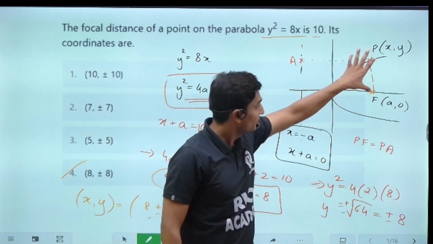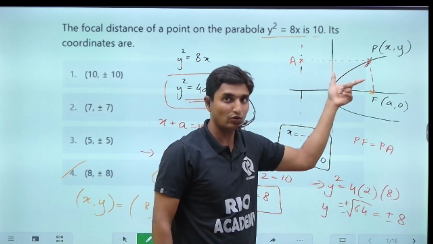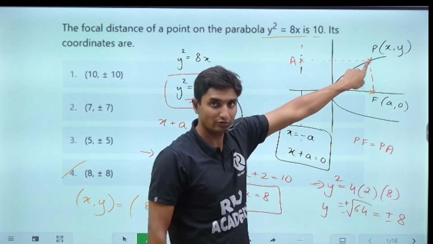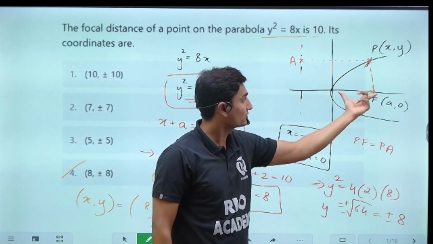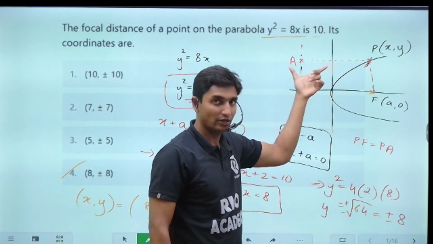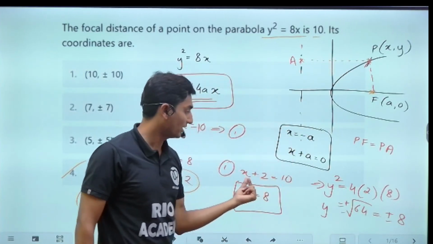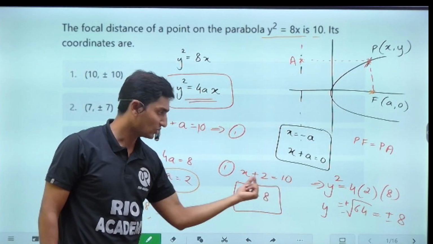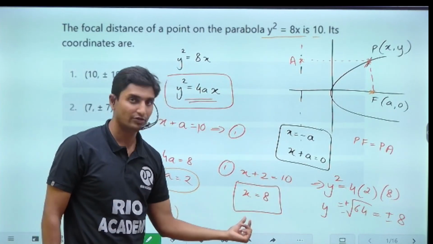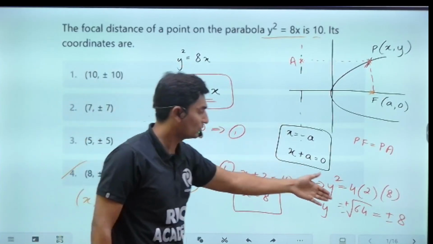Focal distance is the distance of this particular point from the focus. PF is equal to PA. And what is PA? Directrix length. The directrix equation is already known: x plus a is equal to 10. What is a? 2. Substitute and simplify. We have the equation y square is equal to 4ax. Substitute once again and simplify.